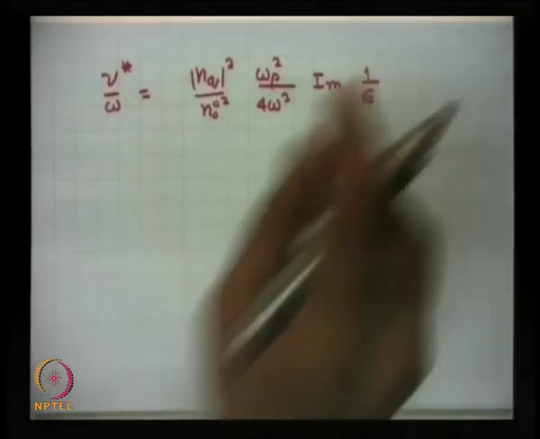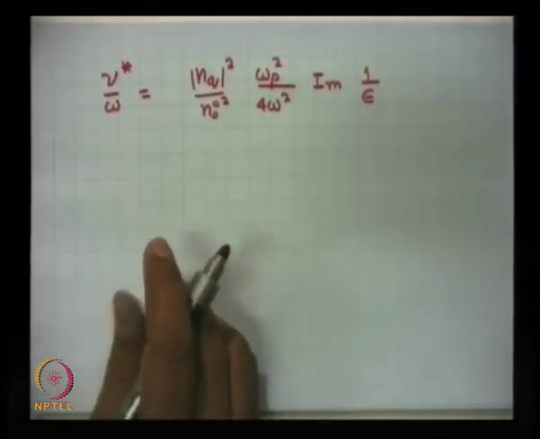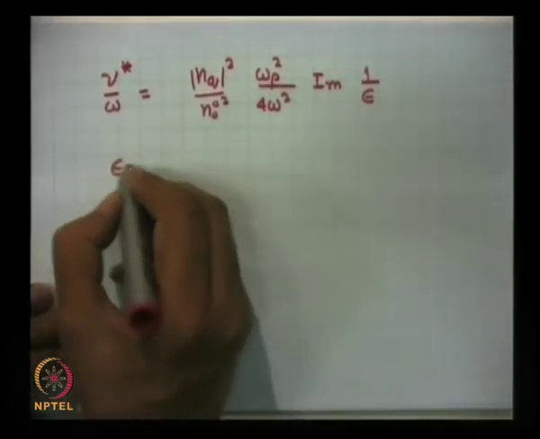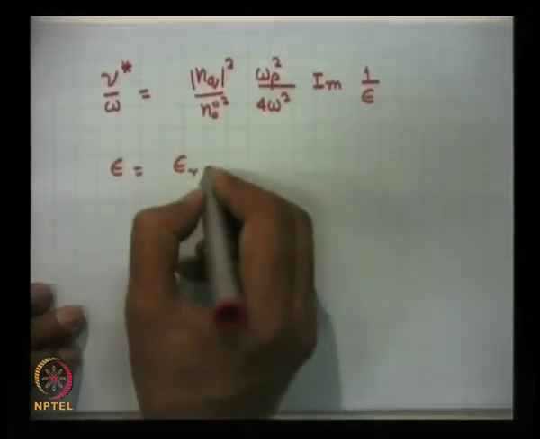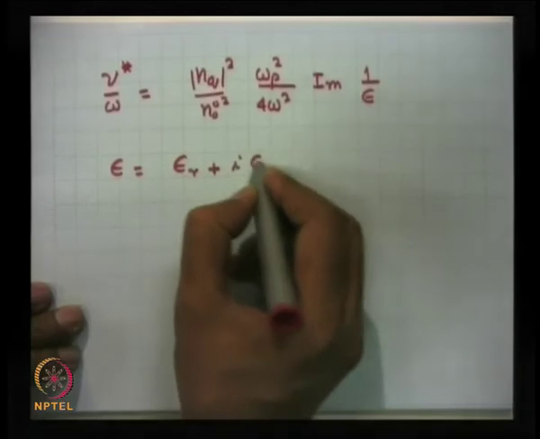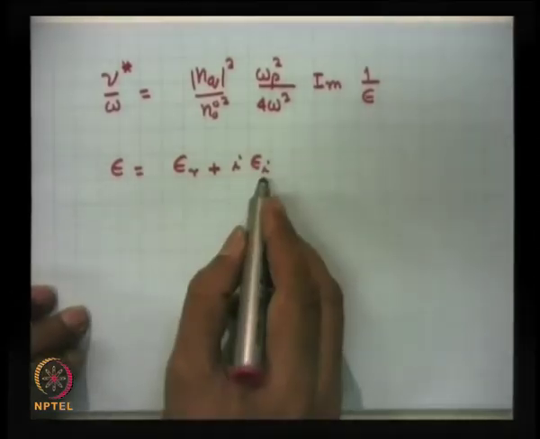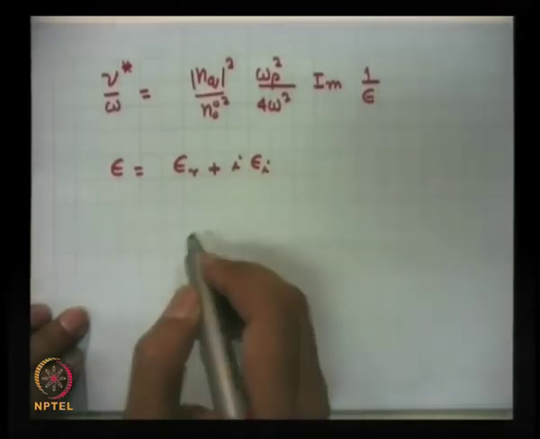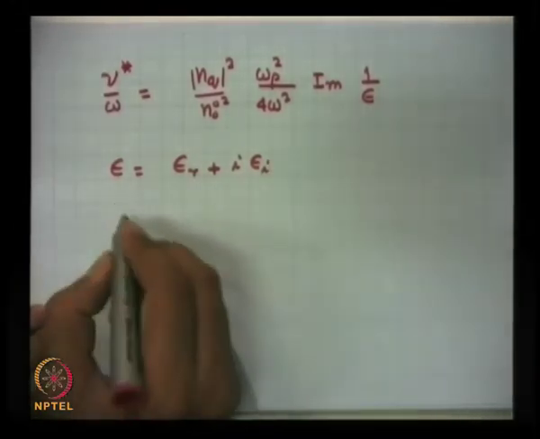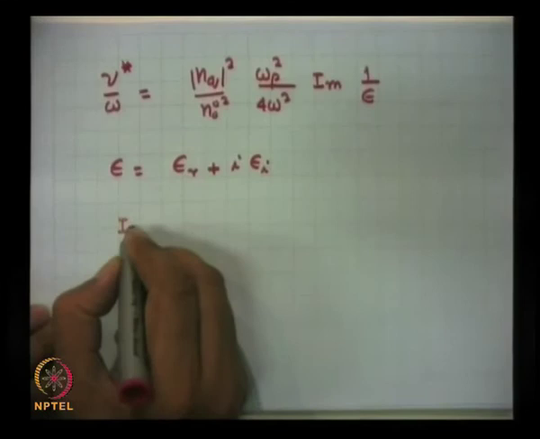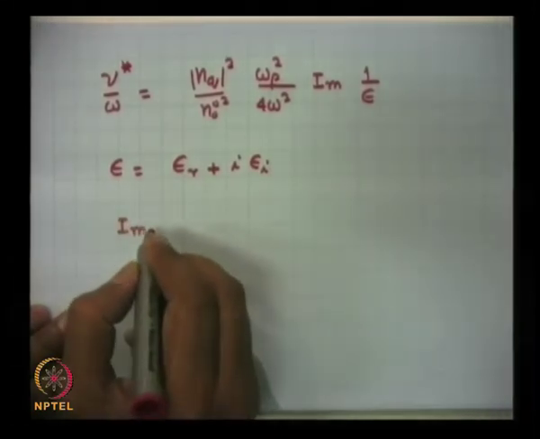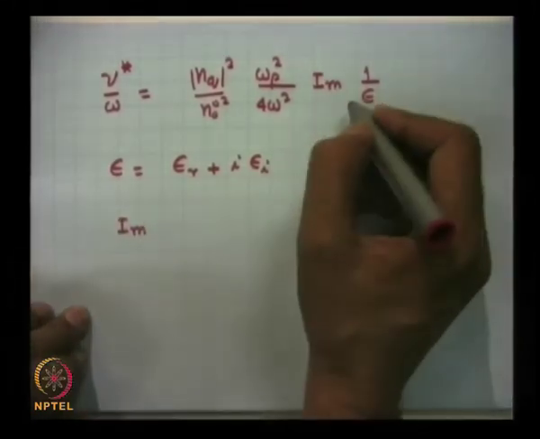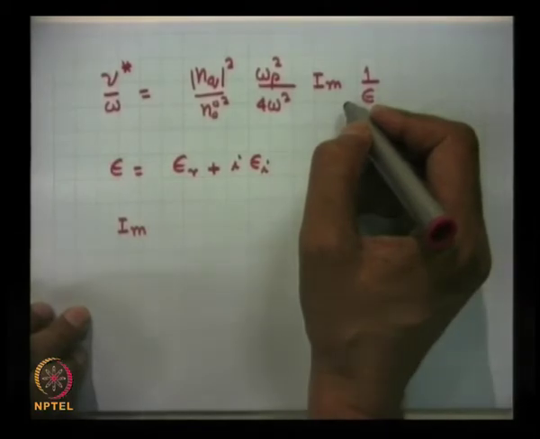This is what I need. So, if I write down epsilon is equal to epsilon real plus I times epsilon I, where I refers to imaginary part and R refers to real part of epsilon, then the imaginary part of, I think it is minus 1 upon imaginary part.